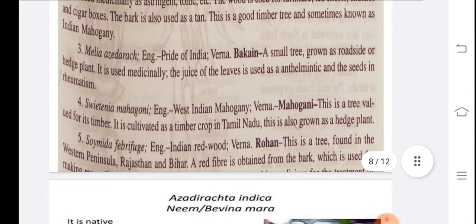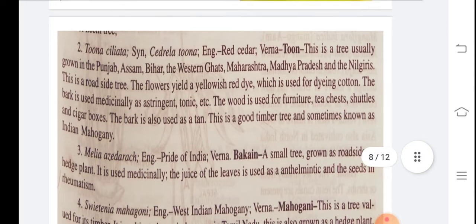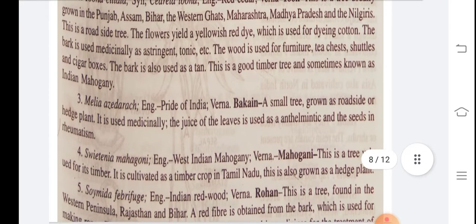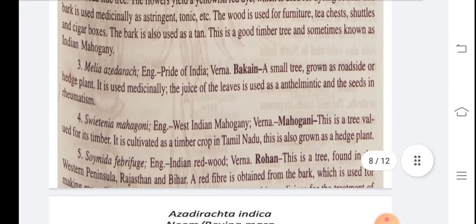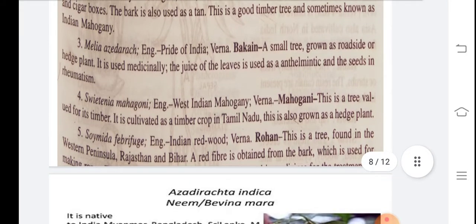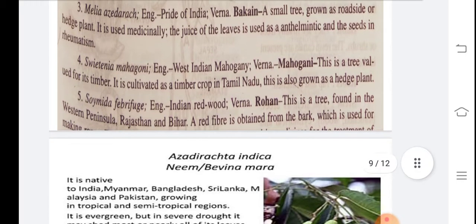Fourth example is the Swietenia. First one is Azadirachta indica, second Toona, third Melia azadirachta, and fourth Swietenia mahogany. It is called West Indian mahogany. It is a tree species used for timber, and is cultivated for timber in parts of Tamil Nadu state, along the home or field side or wastelands.